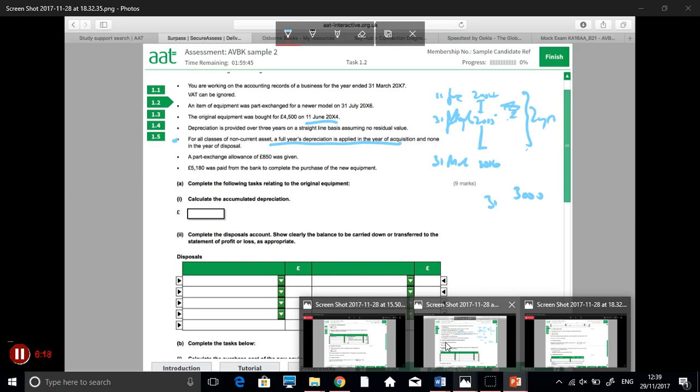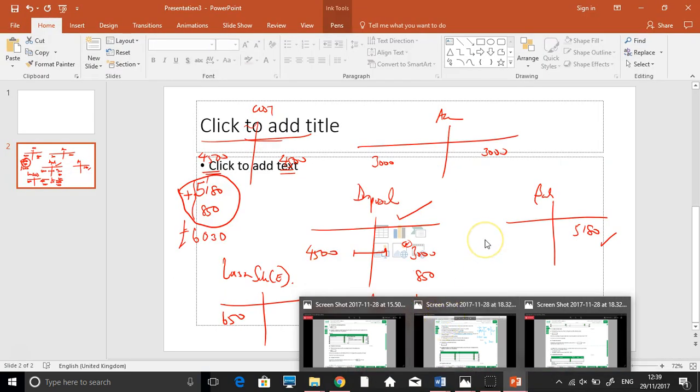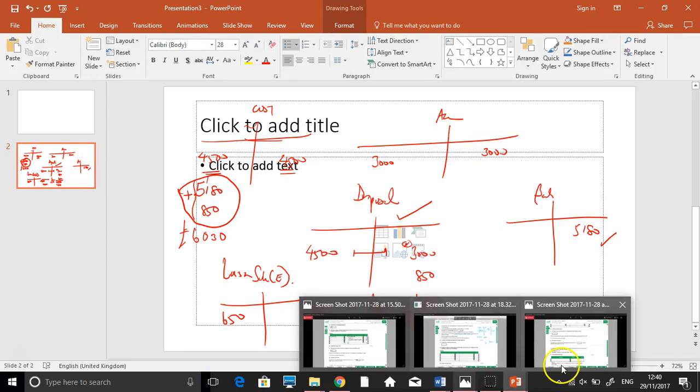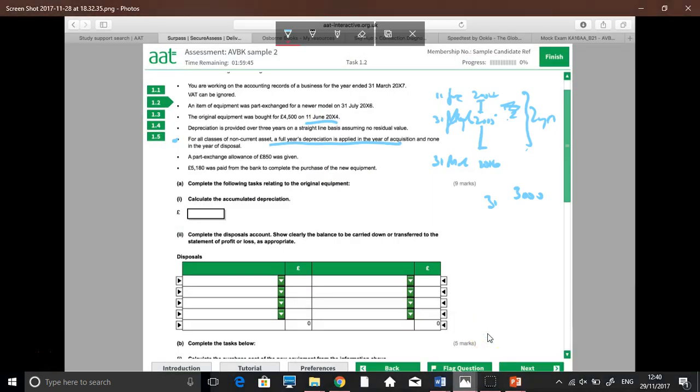So we now have this new asset for 6,030 that we're buying on the 31st of July X6, and to the 31st of March X7 we need to depreciate it.